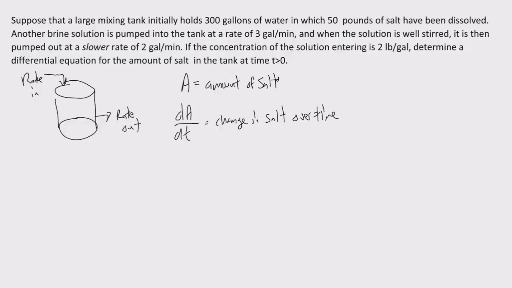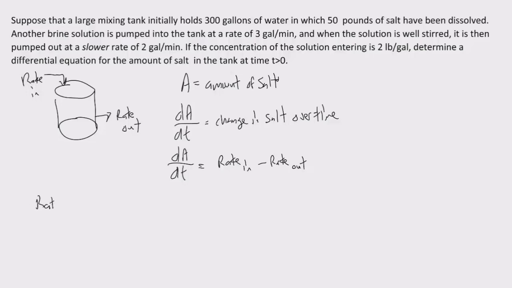In a very simple equation, our change in salt over time is going to be the rate going in minus the rate going out. So that's a simplistic model, right? That could work, but we can do a better job because we have enough details that we can fill in some blanks here. So let's talk about the rate of the salt coming in.